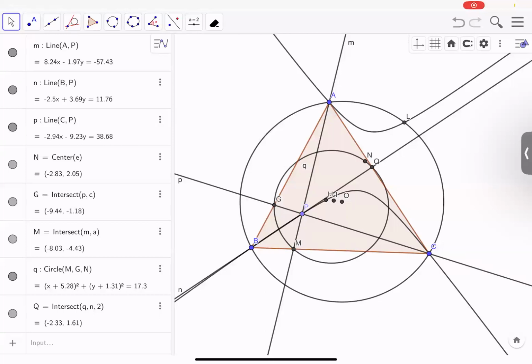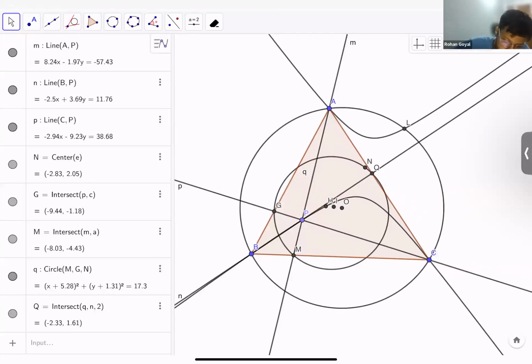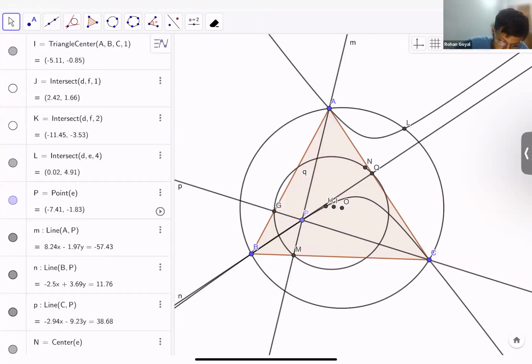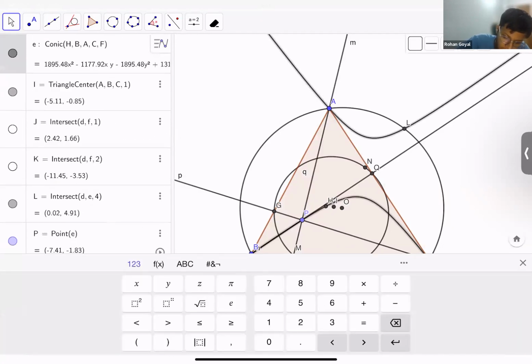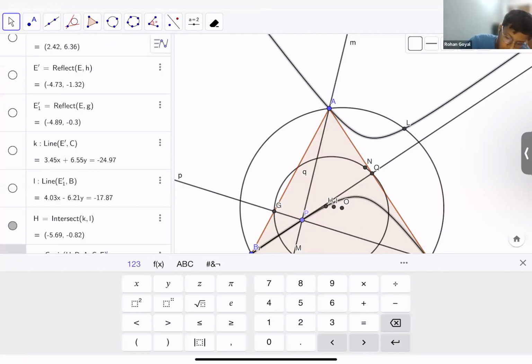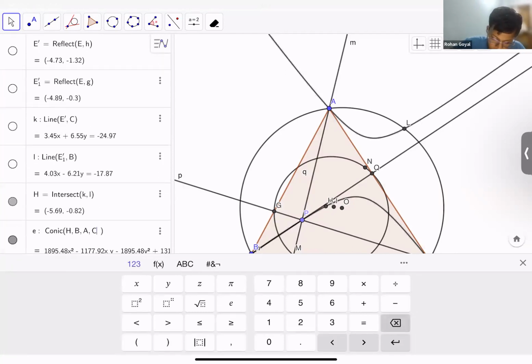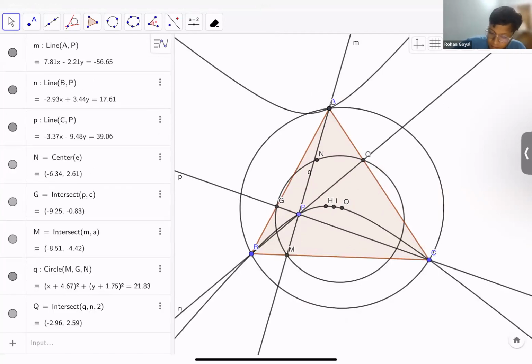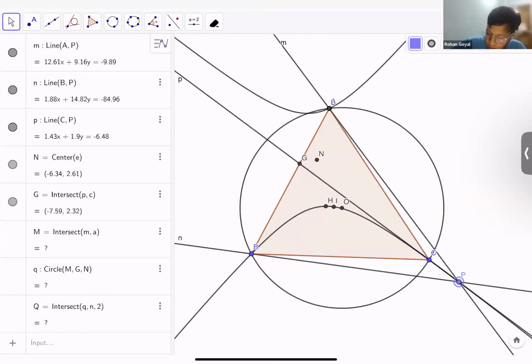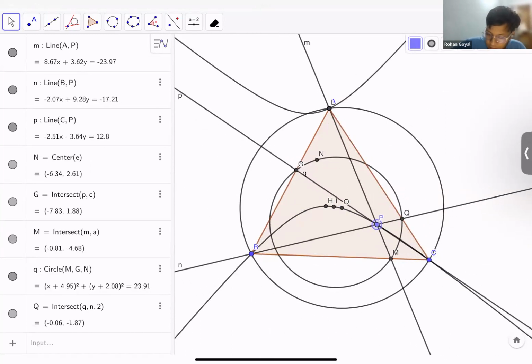It's an interesting thing to think about how it behaves. So I'll just create it in a second. And we will change this conic definition from F to I. Yeah. So you have this conic now. This is called the Feuerbach hyperbola.